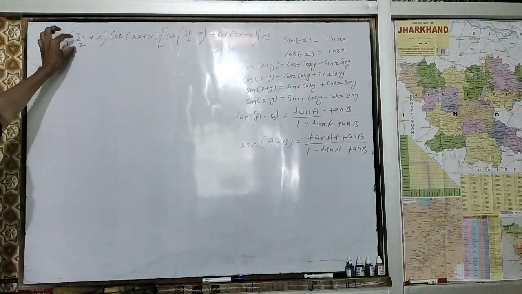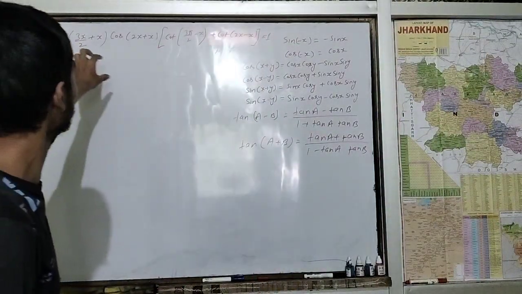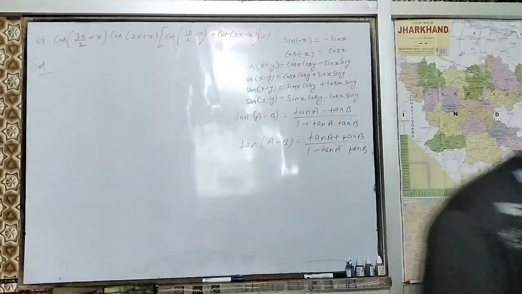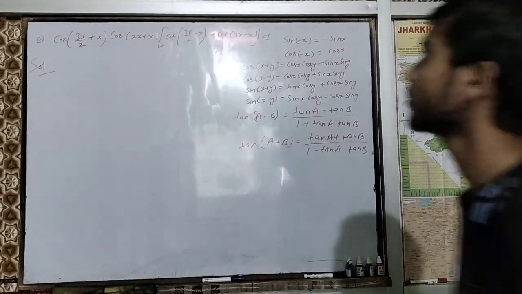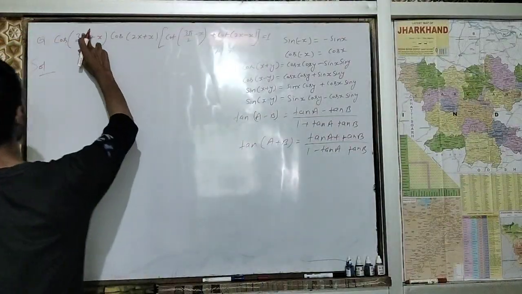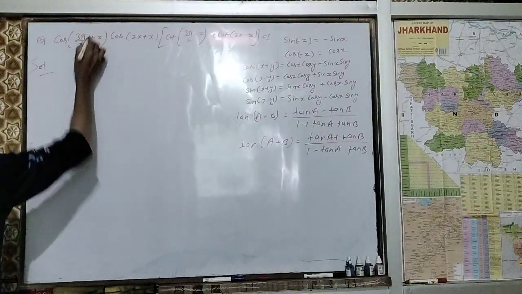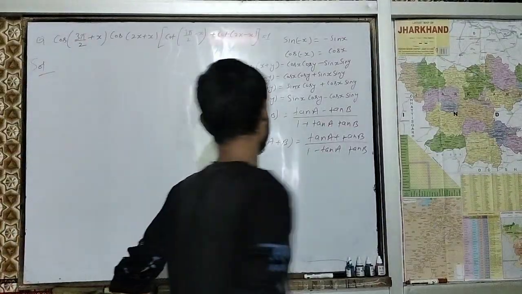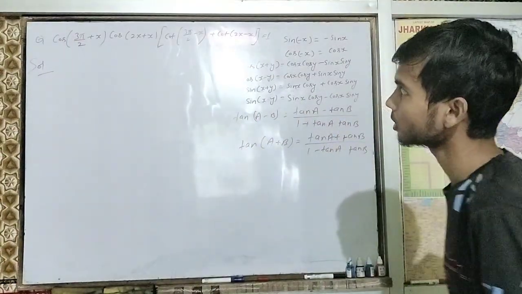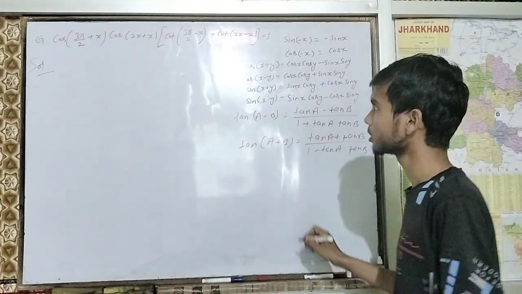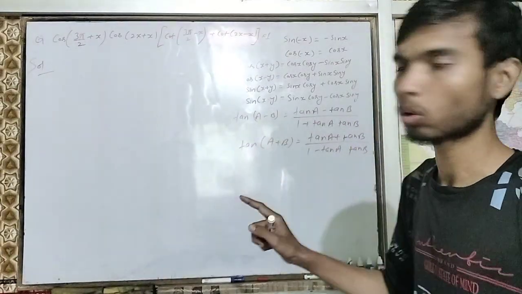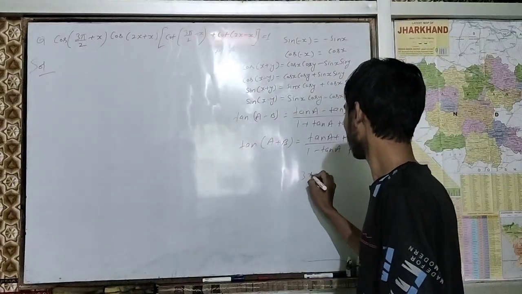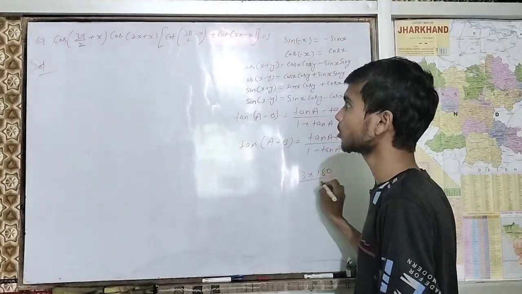Here it is nothing but 3 pi upon 2, not 3x upon 2. Let's see what it is. It should be 270, 3 multiplied by 180 upon 2.